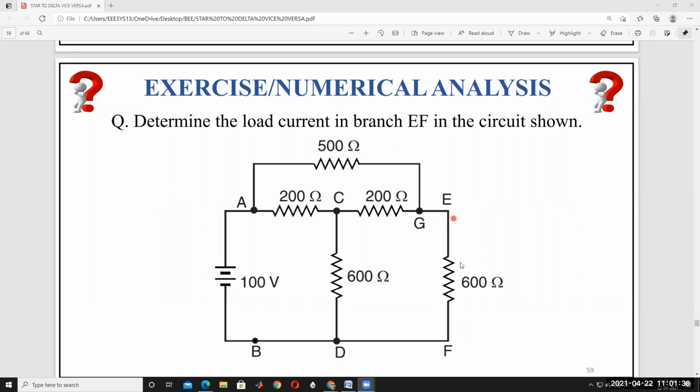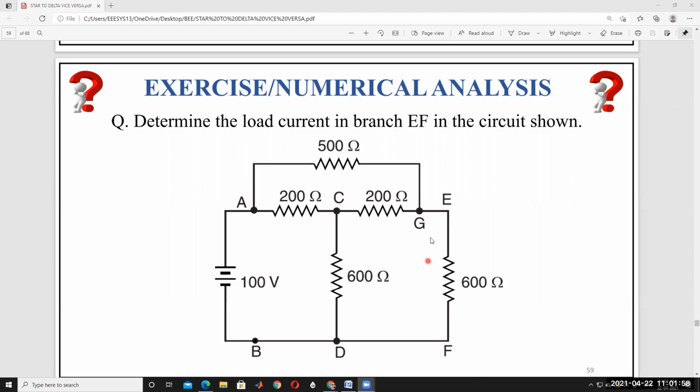Don't disturb the E and F branch, keep it as it is, and apply star to delta and delta to star transformation techniques on the rest, then simplify the network and find the voltage across E and F. Find the voltage across E and F by using the voltage division rule or current division rule. And then I is equal to V by R.